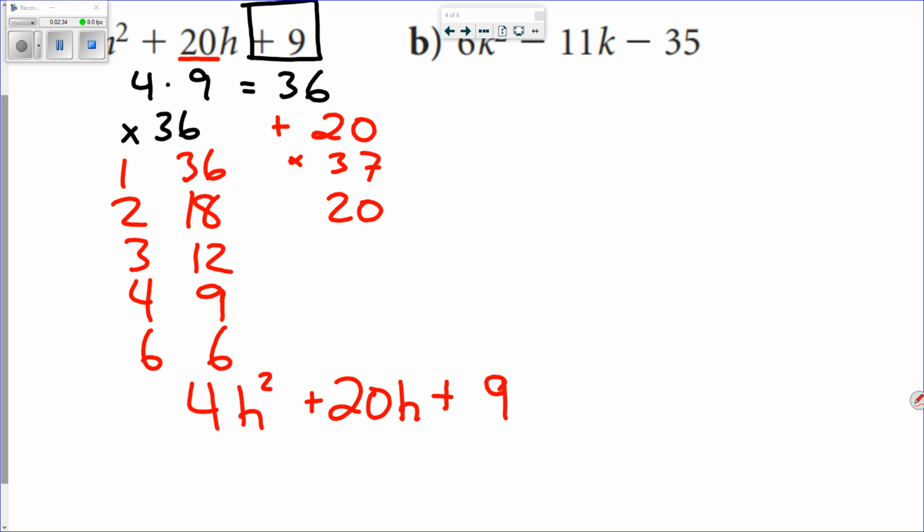And we have to split up our 20h. We have to split it up into two parts. And we're going to split it up into those two parts. So we're going to rewrite that.